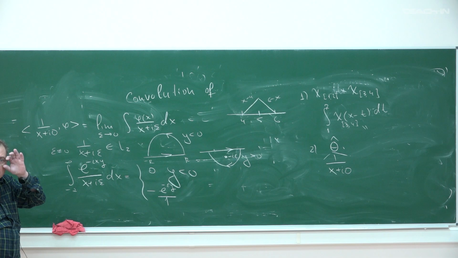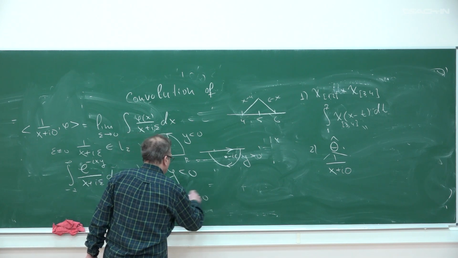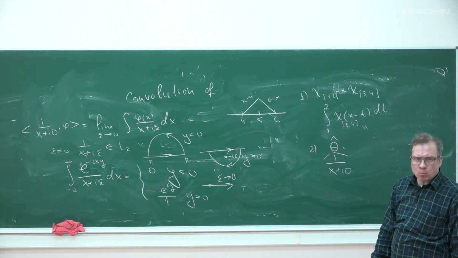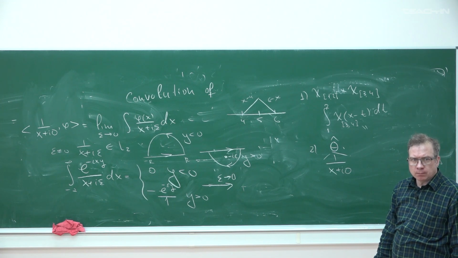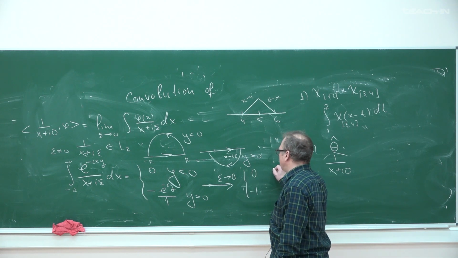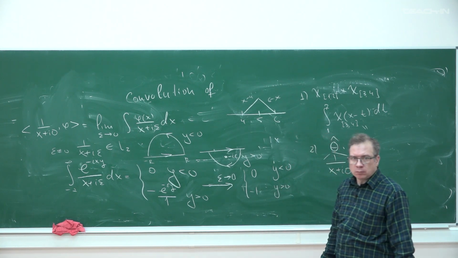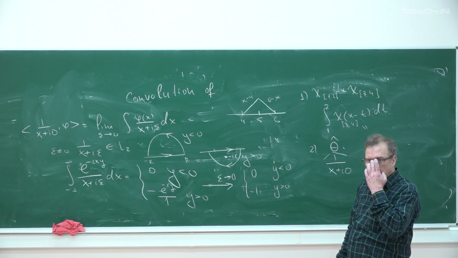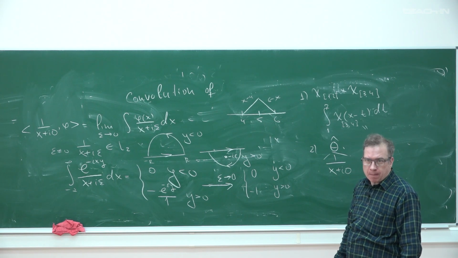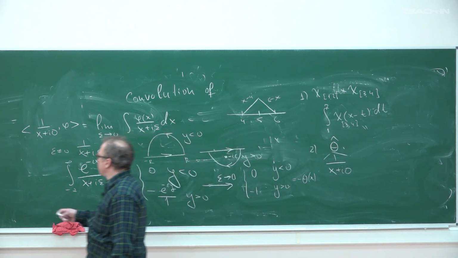Now take the limit as epsilon goes to 0. So it equals minus theta.